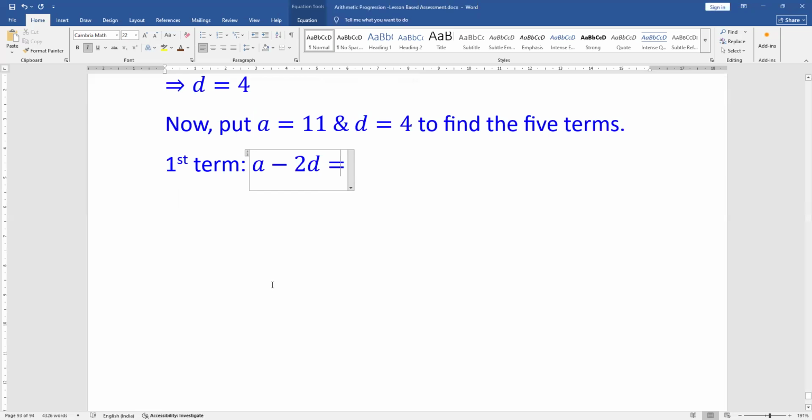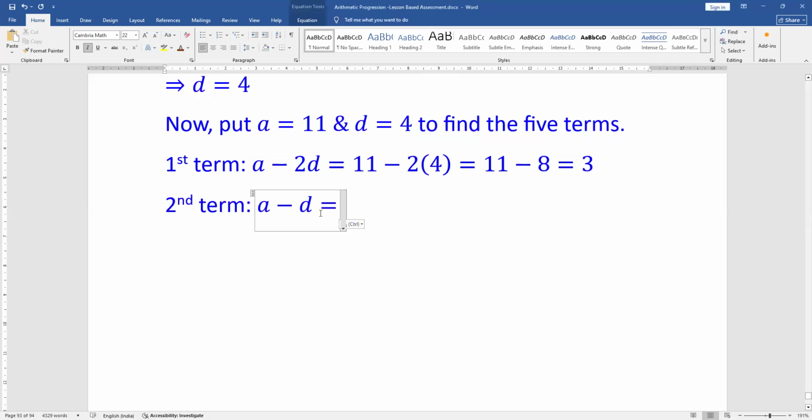So a minus 2d is what? a is 11 minus 2 into d, which is 4. So it is equal to 11 minus 8, which is 3. The second term is a minus d, which is 11 minus 4, equal to 7.